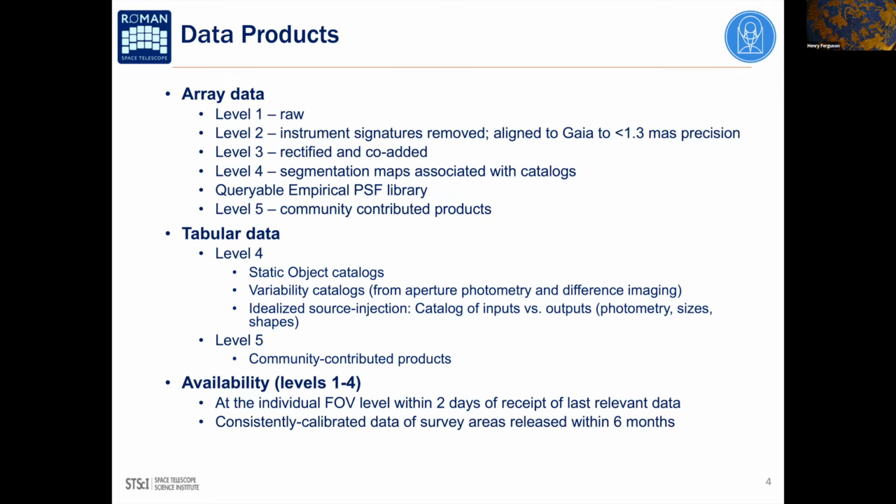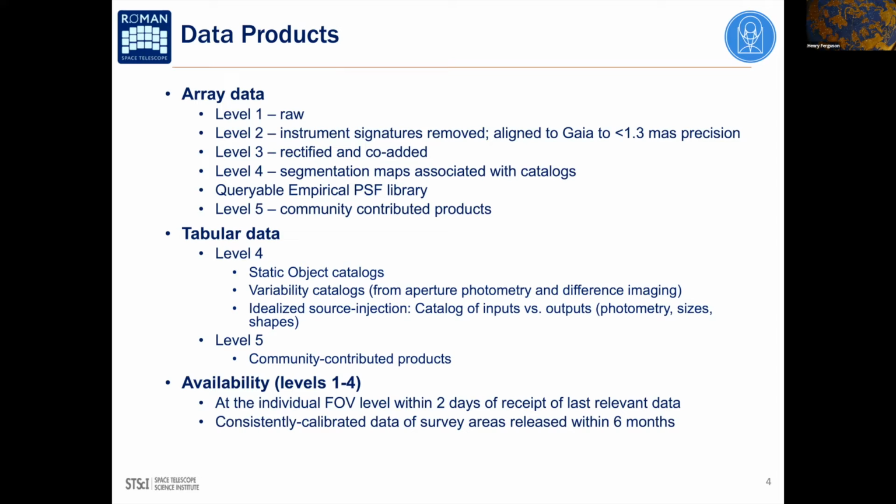Level 2 processing does the basic calibration, removes the instrument signatures, and does astrometric alignment. Level 3 is basically rectifying the images, co-adding them, producing images with north up, the kinds of things that one uses typically at the survey level.